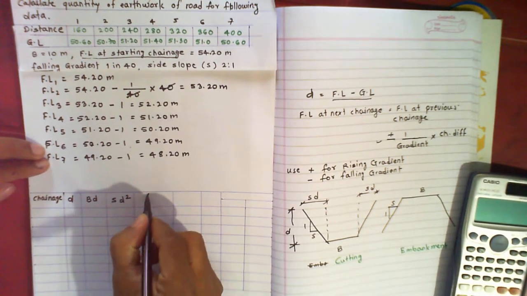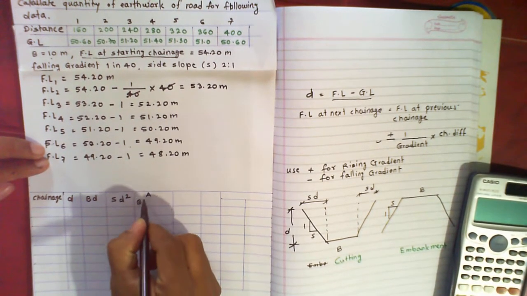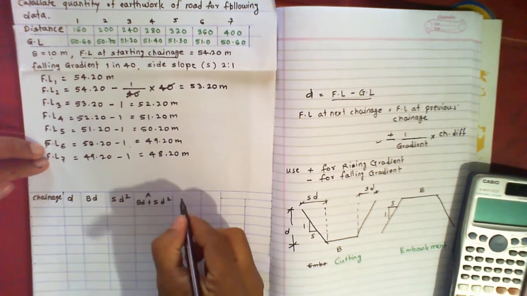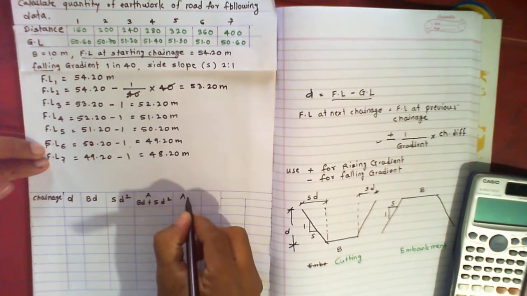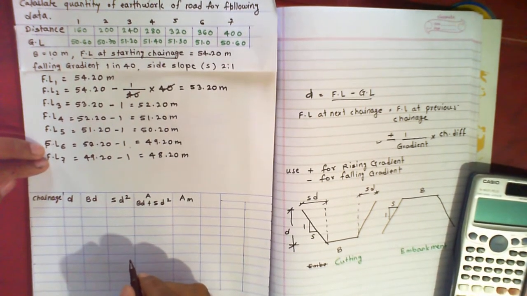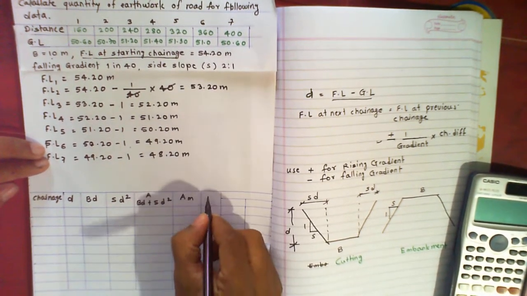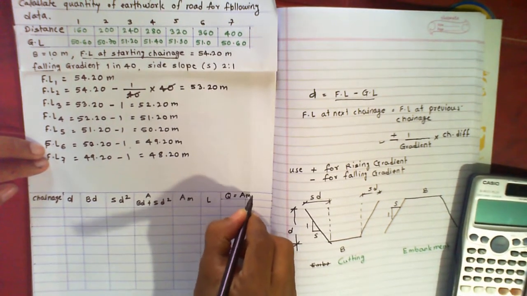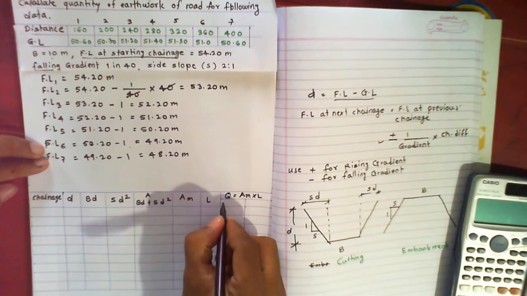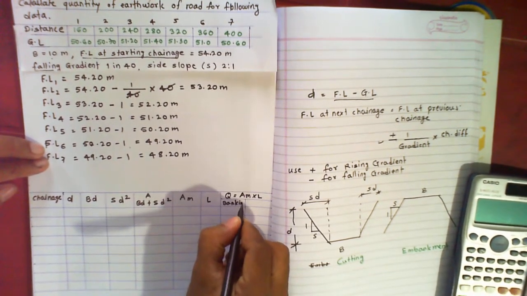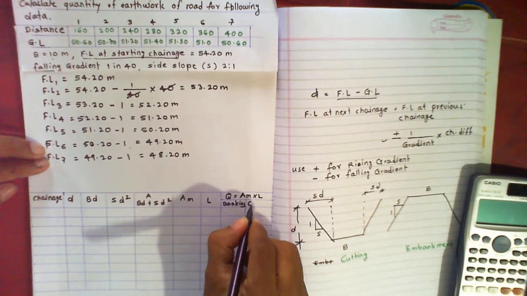The total area, that is A, is equal to BD plus SD square, that is addition of these two columns. And the next column is mean area, that is the average area of successive areas, first and second area. Then length, and then quantity, that is Q is equal to AM into length. So first part I will take banking, and next is for cutting.